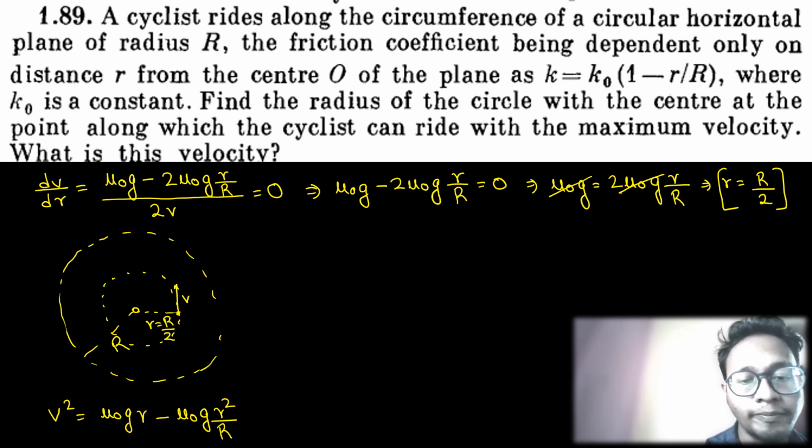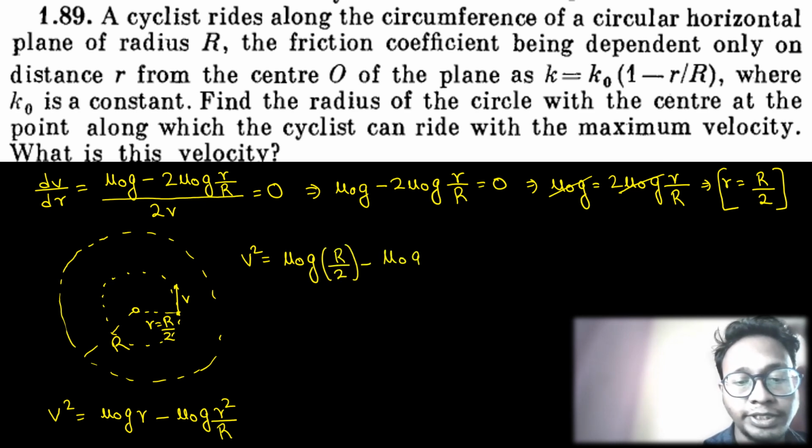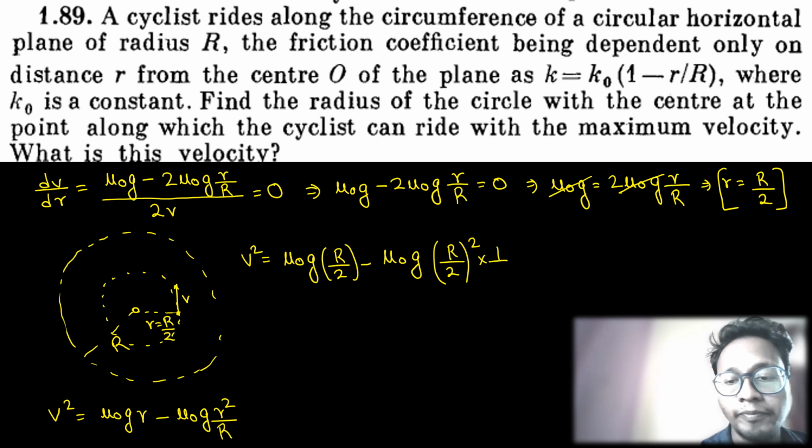So v square is equal to mu naught g. What is the value of small r? Capital R by 2, minus mu naught g times R by 2 whole square divided by R. Or v square is equal to mu naught g R by 2 minus mu naught g R by 4.